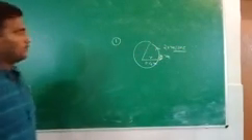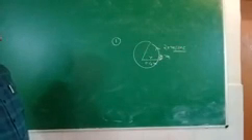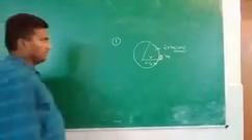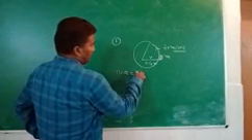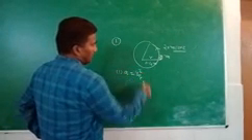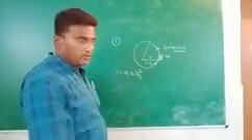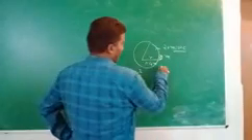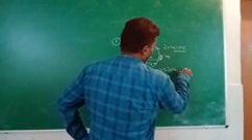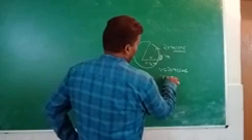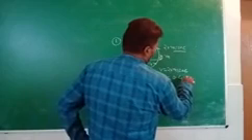Now we identify the value of the centripetal acceleration. We know the relation of centripetal acceleration: a is equal to v square by r, with velocity 20 meter per second and radius r given as 0.4 meter.